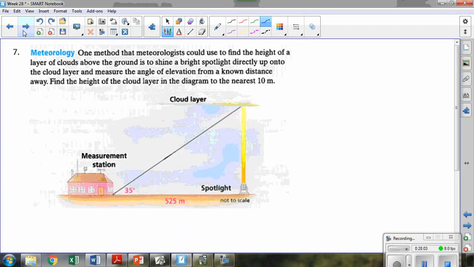One method that meteorologists could use to find the height of a layer of clouds is to shine a bright spotlight directly up into the cloud layer and measure the angle of elevation from a known distance. Find the height of the cloud layer to the nearest 10 meters. So basically, here's our triangle.